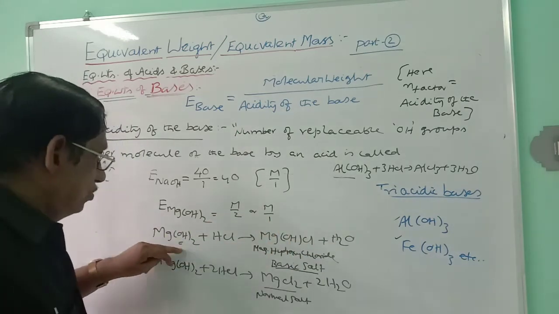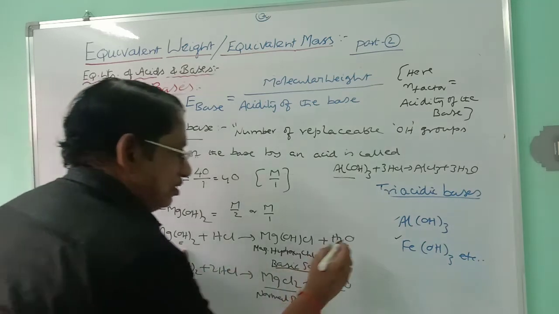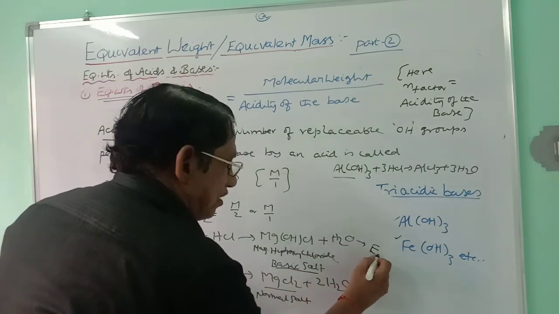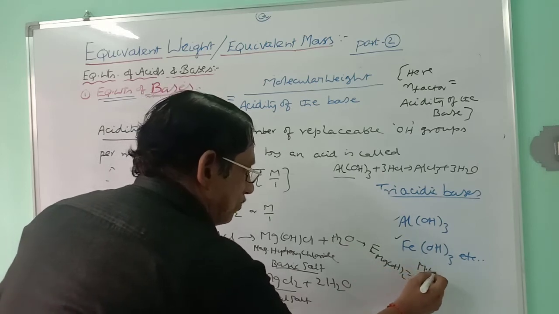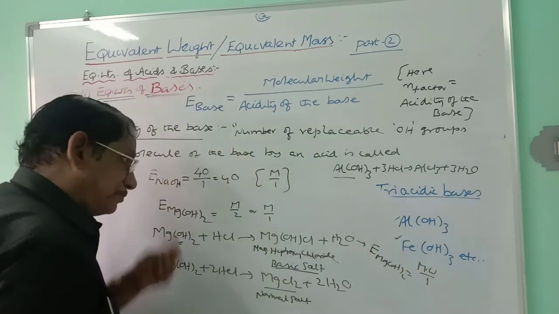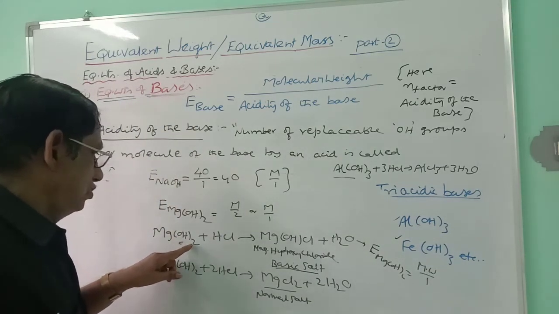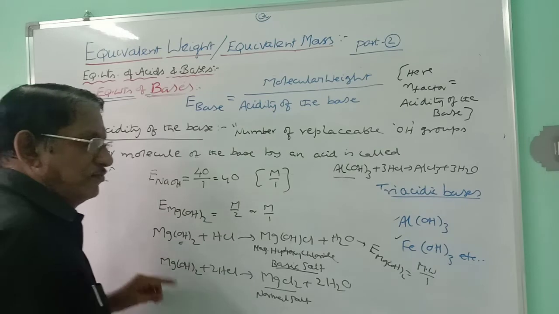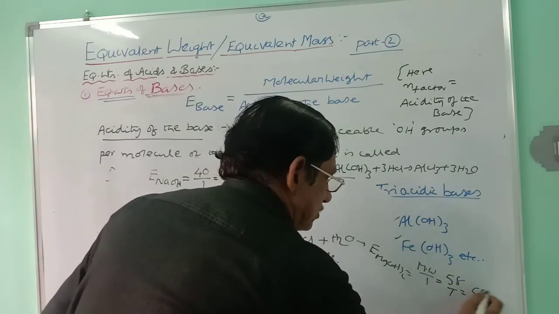In this case only one OH is replaced by Cl. So here the equivalent weight of Mg(OH)2 is equal to molecular weight by 1. What is the molecular weight? OH 17 into 2 is 34, plus 24 is 58. So this is equal to 58 by 1, which is 58.